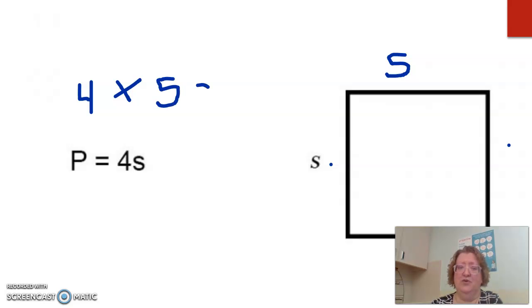And what is the perimeter of my square? What is the product? The product is 20. And again, this would be 20 inches or 20 feet or 20 yards. We would put in the measurement that's given by the drawing. So what is the formula for a square, class?